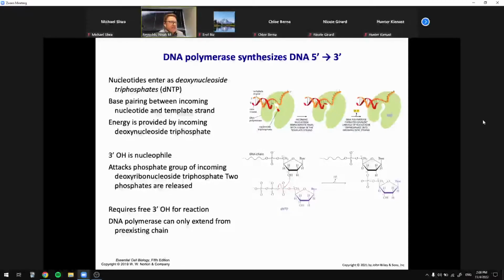So it's like hydrolyzing ATP. We now can use that energy to create a new bond. And so as I always say, the energy is brought with the dNTP. And this bond that gets formed is a phosphodiester bond. So there's two ester bonds, and they're both phosphodiester bonds.